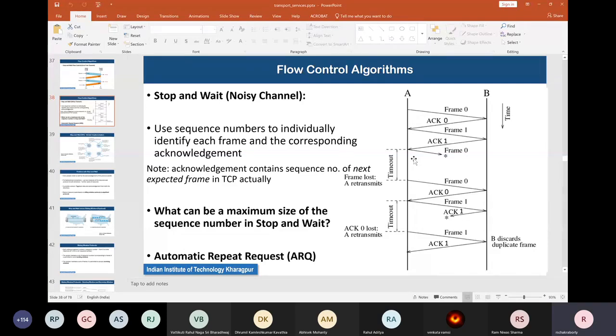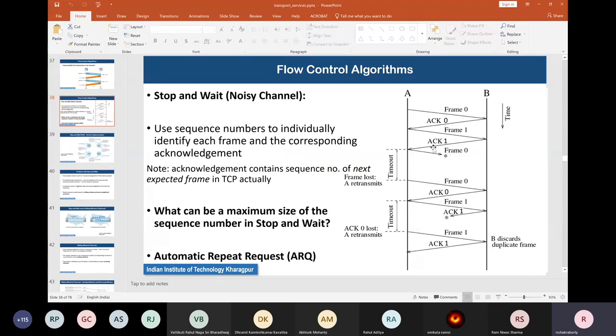Now, as soon as a frame is sent, the sender starts a timer corresponding to that frame, and it expects that within a certain interval of time, the timeout interval, the acknowledgement should come back from the other side. It keeps on estimating and updating this interval continuously. We will come to how it estimates later, when we study TCP in greater detail. It's not constant all the time; it changes.